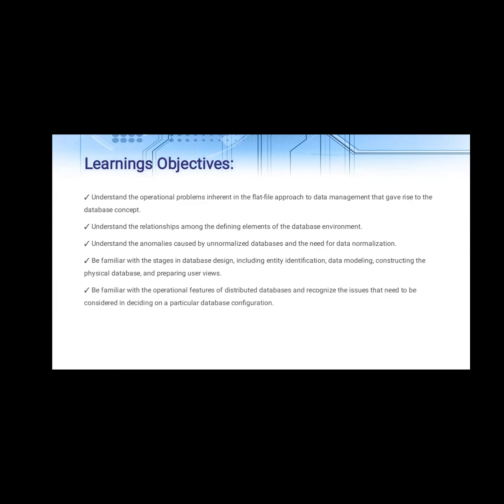Third, understand the anomalies caused by unnormalized database and the need for data normalization. Fourth, be familiar with the stages in database design, including entity identification, data modeling, constructing the physical database, and preparing user views. And the last one, be familiar with the operational features of distributed databases and recognize the issues that need to be considered in deciding on a particular database configuration.